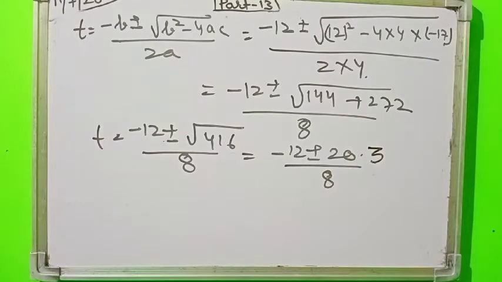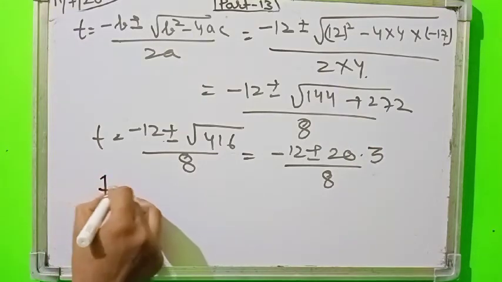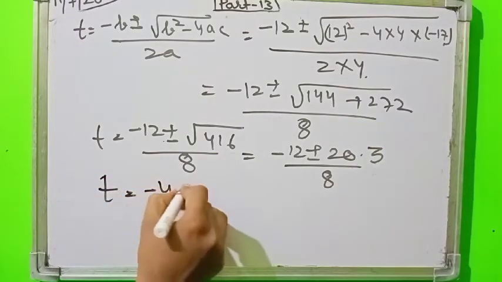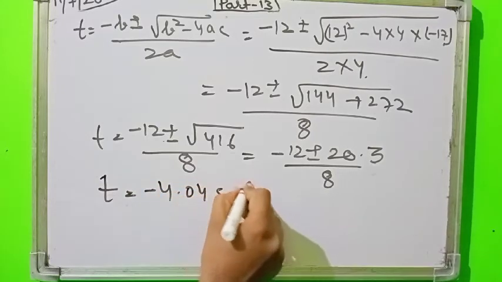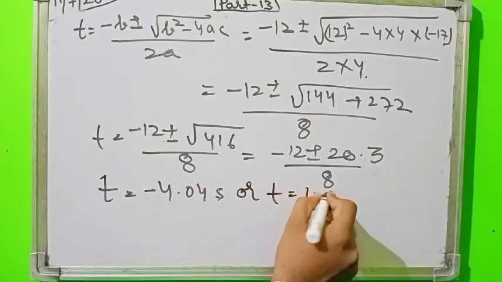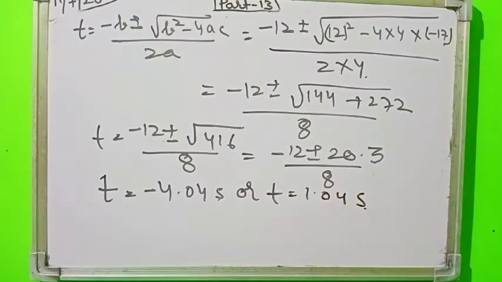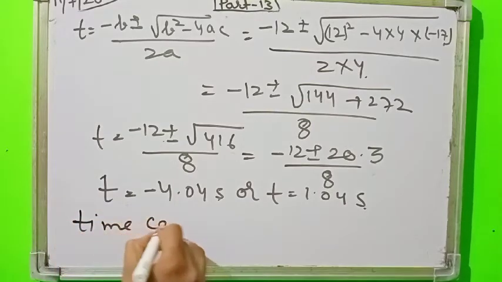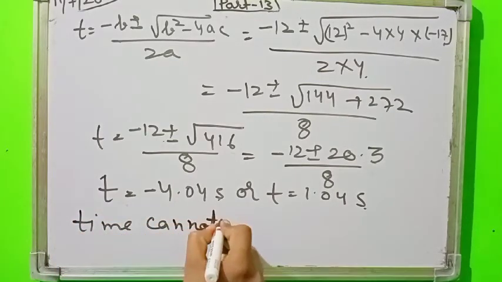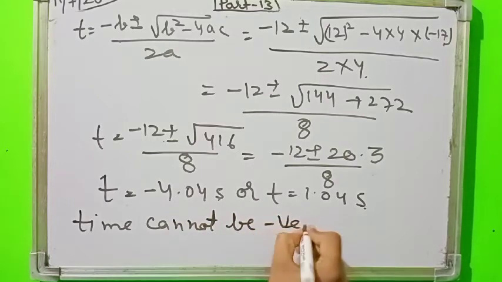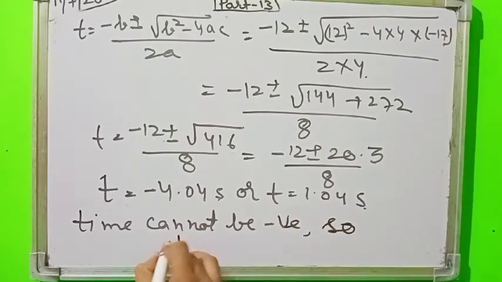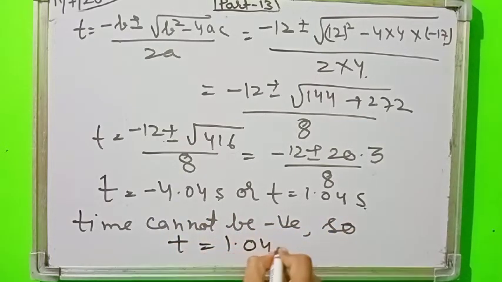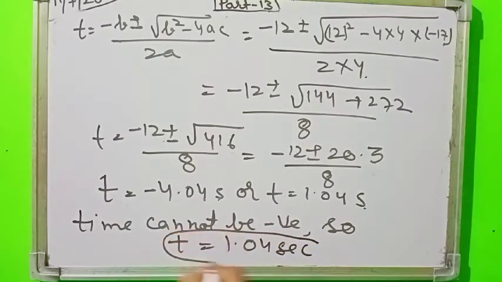So we will get t is equal to minus 4.04 second, or t is equal to 1.04 second. As you know that time cannot be negative, so we consider t is equal to 1.04 second.